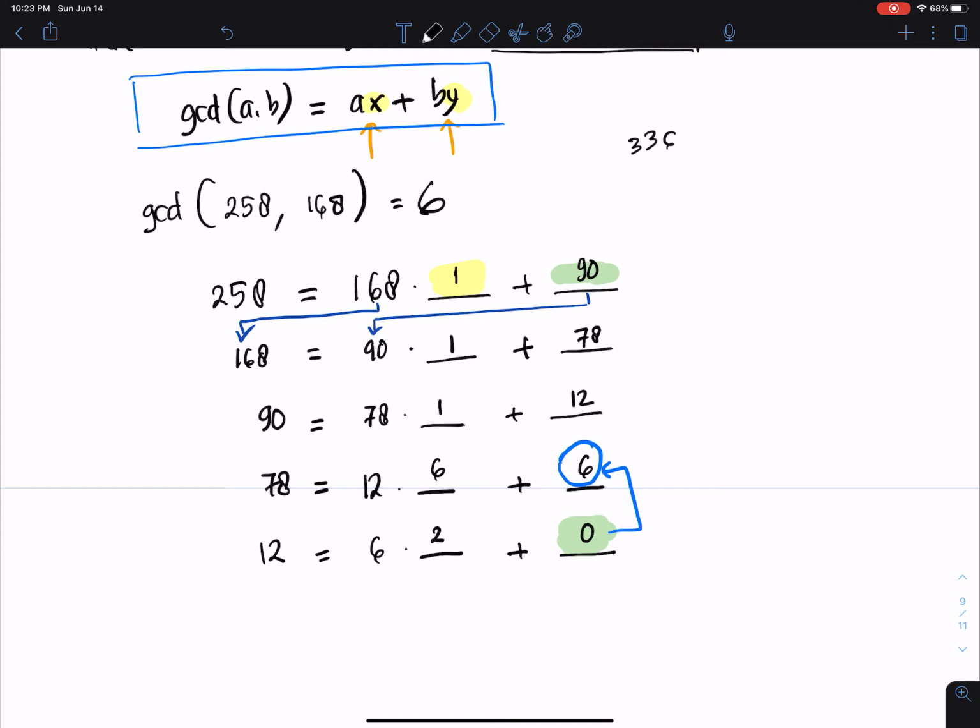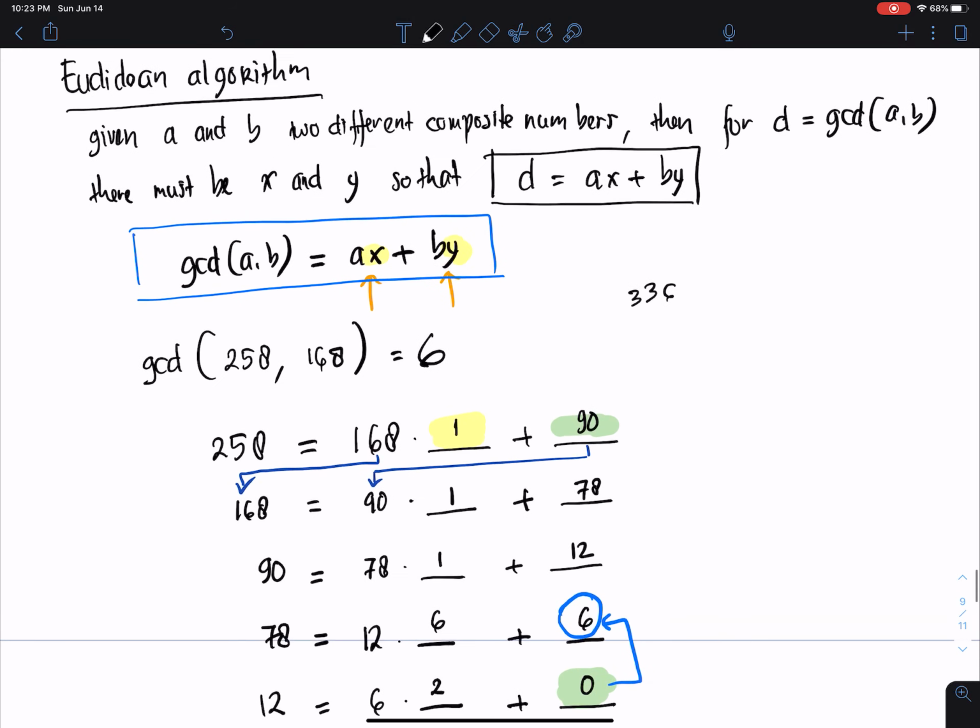Now the next question: what will be the X and the Y? Because here it says for any numbers A and B, if D is the GCD of A and B, then there must be two numbers so that D equals AX plus BY.